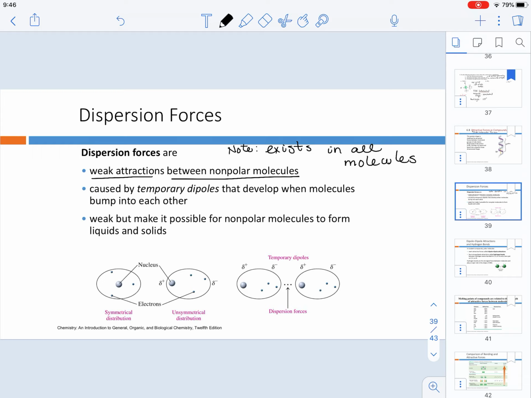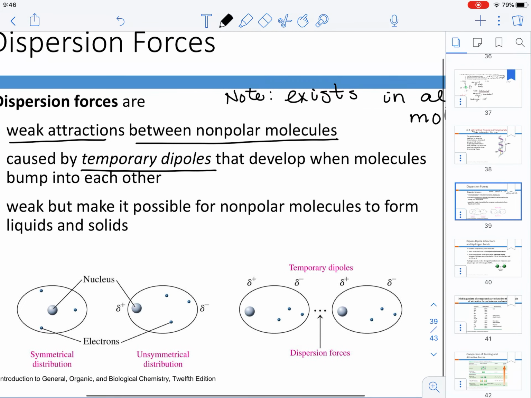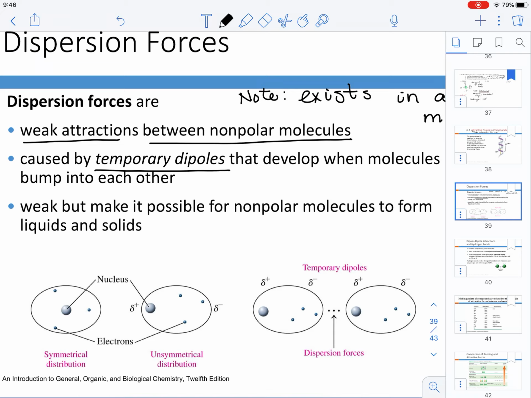Now, what causes a dispersion force? Well, it's a temporary dipole. To explain the temporary dipole, I'm just going to zoom in to the bottom of the slide. Understand that in any atom within a compound, we are going to have a symmetrical distribution of the electrons. But those electrons are not static. They're always moving around.